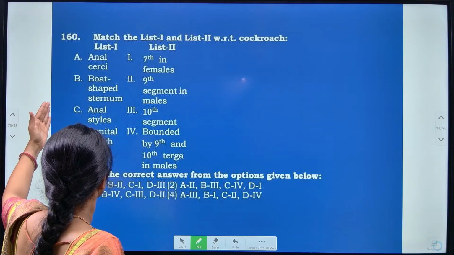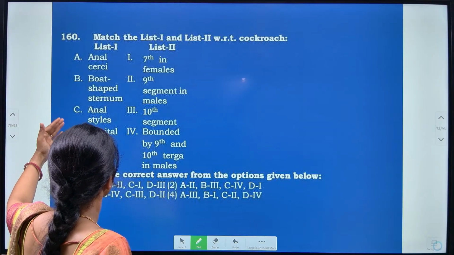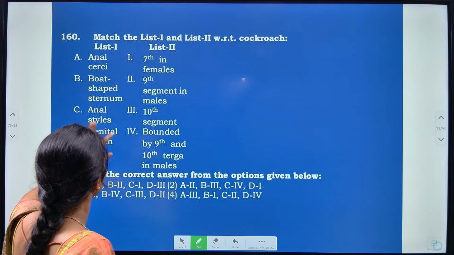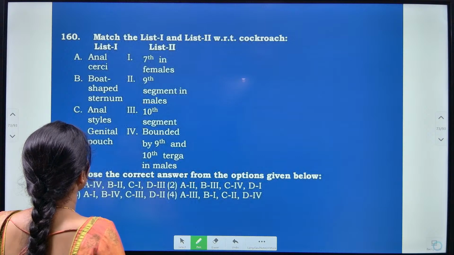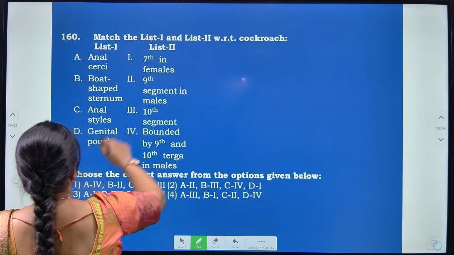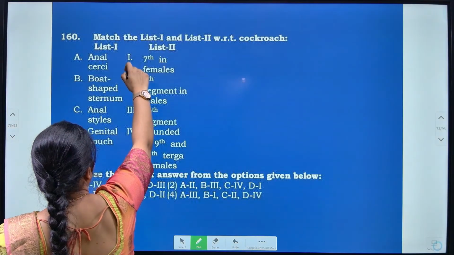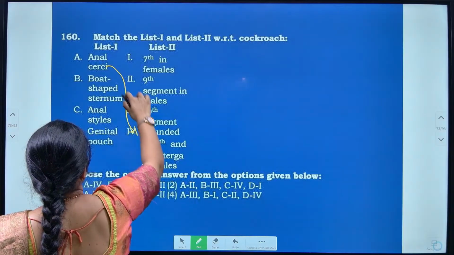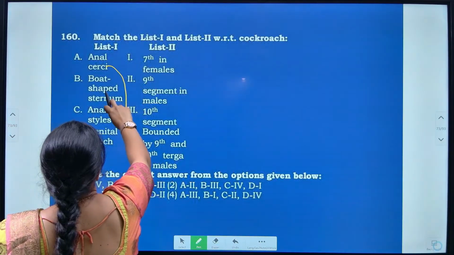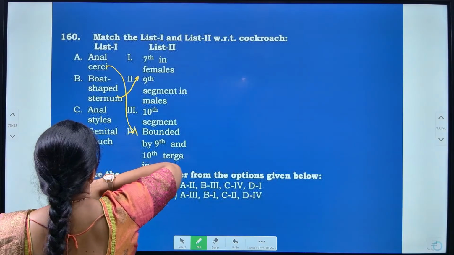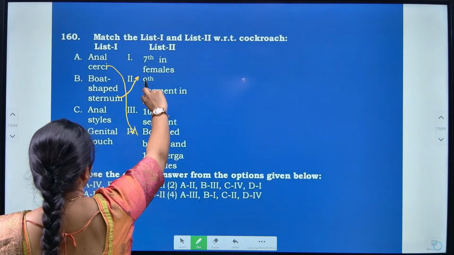Question 160. So anal cirri, boat-shaped sternum, anal styles: they are present in the males here. The 9th segment of what? Of the males. So choose the option with this: A with 4 here. So anal cirri are bonded by this here. B is 2, that is, the boat-shaped sternum is present in the 9th segment.